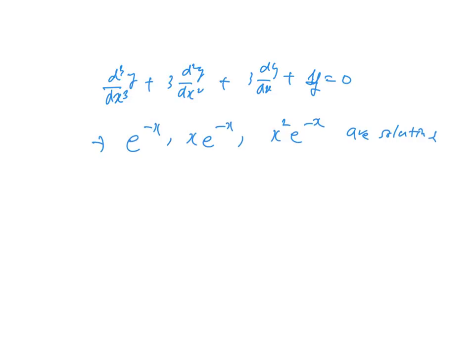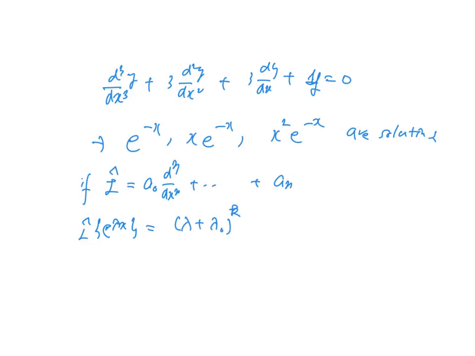So if they have a double root case, something like (lambda plus 1) to the k.